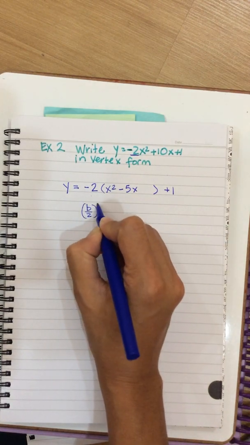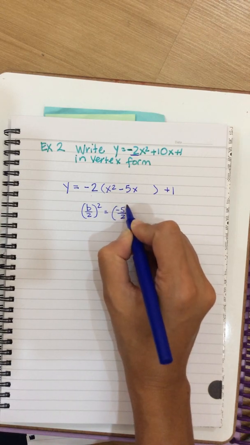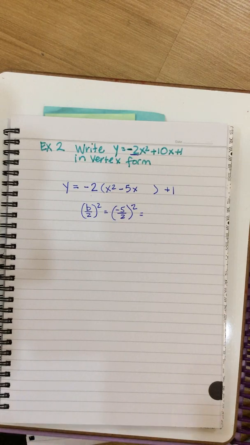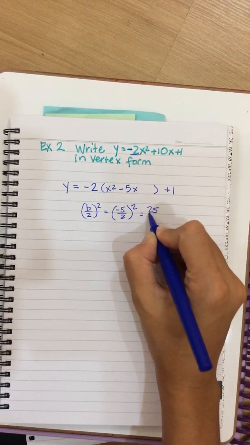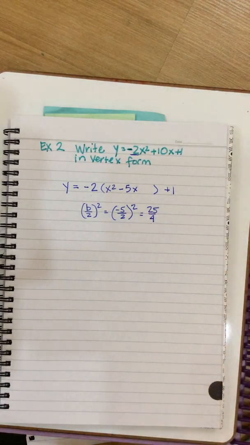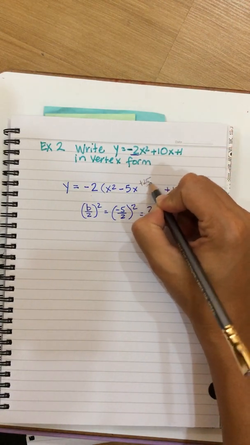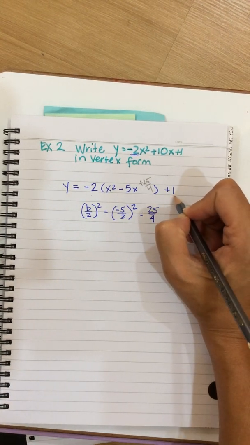Now I need to figure this out, which equals negative 5 over 2 squared, which comes out to 25 over 4. So that is the thing that needs to be added and subtracted to the right side of the equation. I am going to add 25 over 4 here, and I'm going to subtract 25 over 4 from this term.